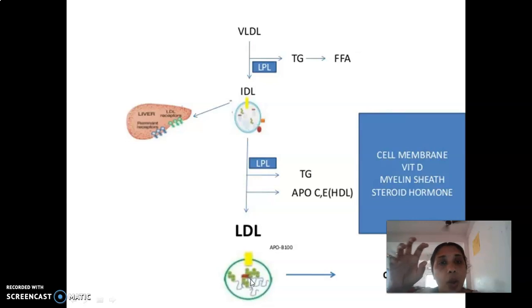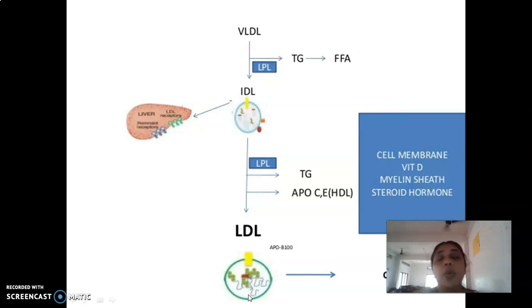This is how the cholesterol molecules come out of the LDL molecule and enter the peripheral tissues. And once the LDL molecule has entered, the receptors' function is over, so the receptors go back onto the clathrin coated pit so that they can receive more and more LDL molecules. Clear?